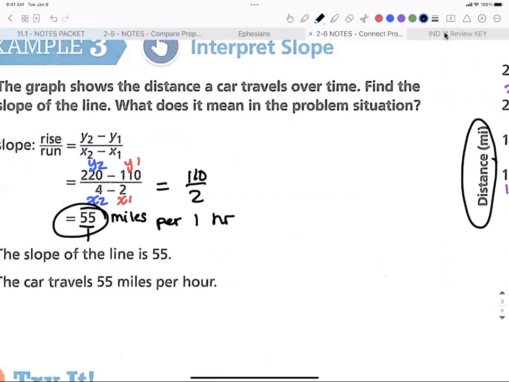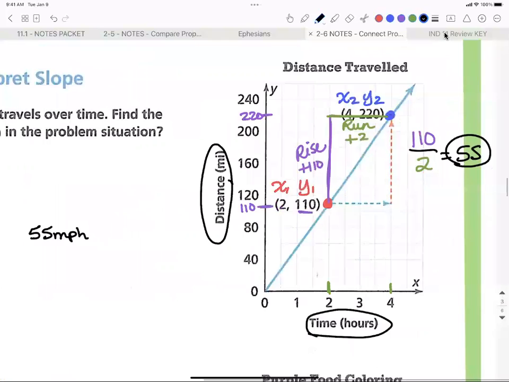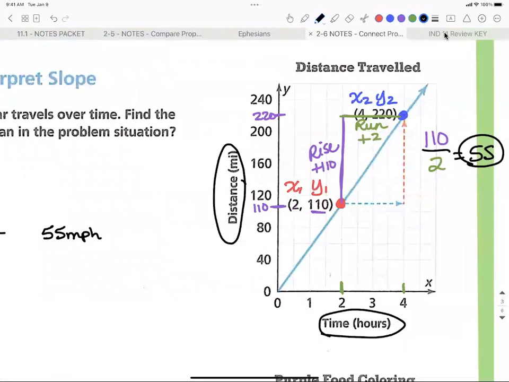Yeah, and if the base is 1, you can write 55 miles per hour because that's kind of a common abbreviation that we use in the United States. So I'm fine with that, okay? But you really have to look at your graph and be careful because is your graph talking about dogs walked per month? Is it talking about buckets of sand per day? Is it talking about tree growth over years?